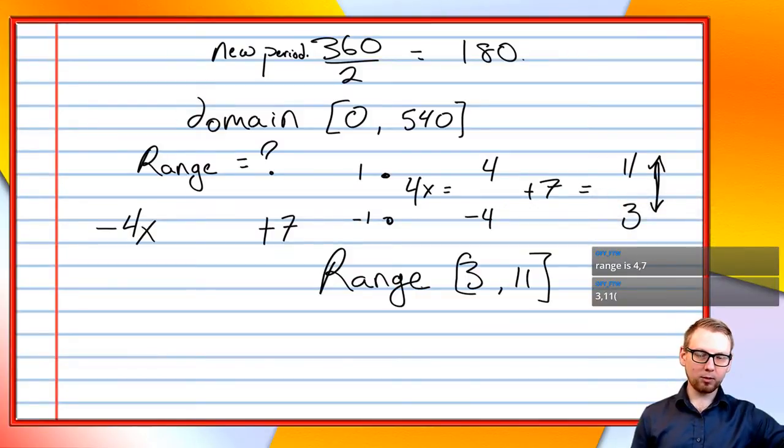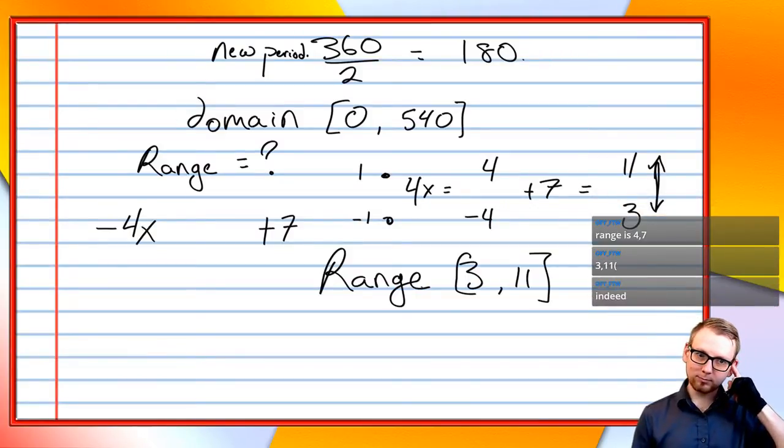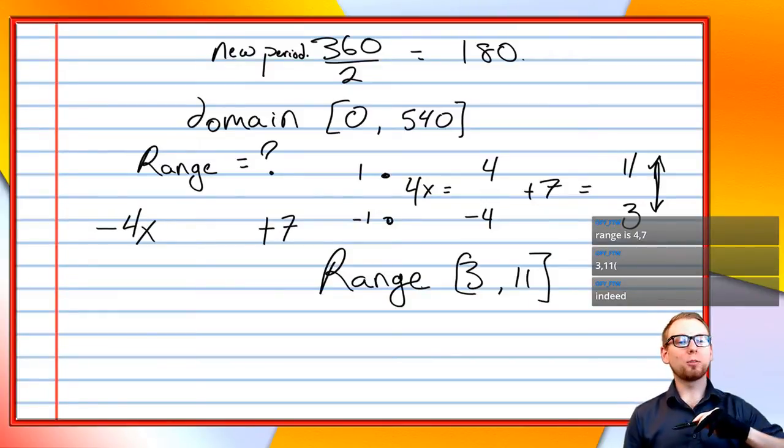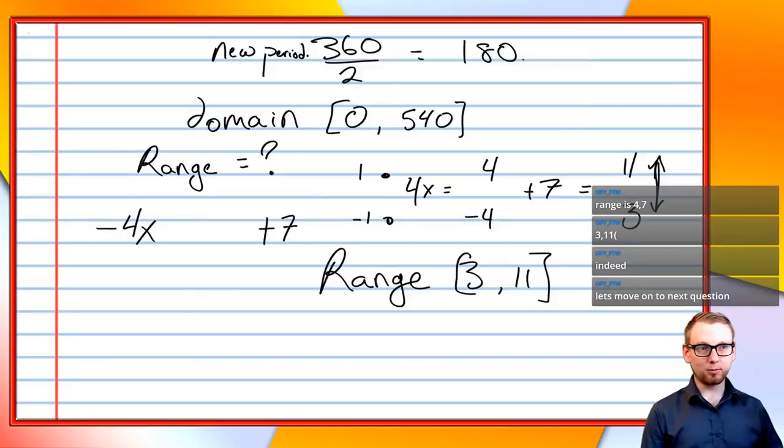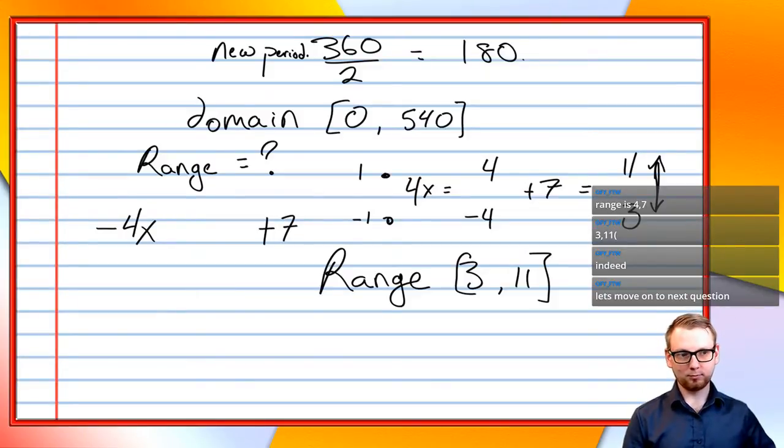Yeah, 3 to 11. So now can you do the next one? Even easier. C is easy.